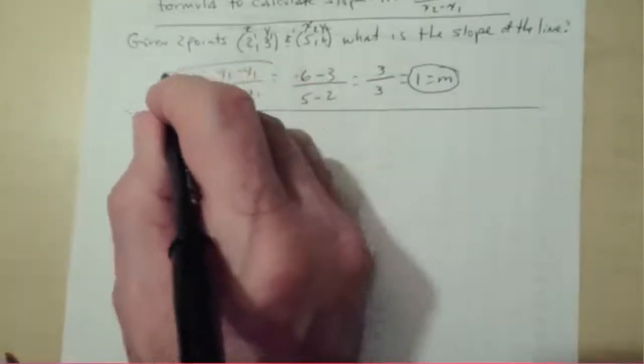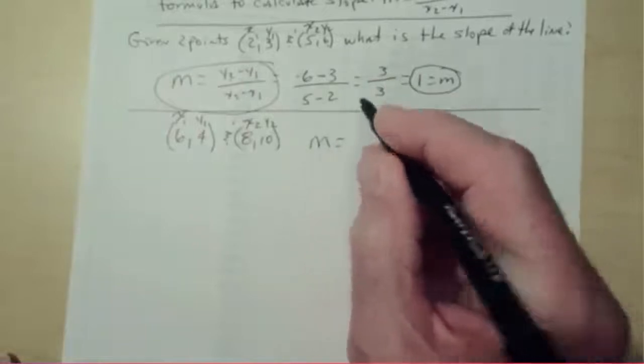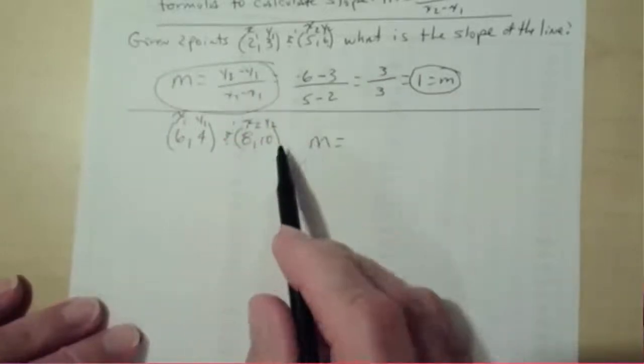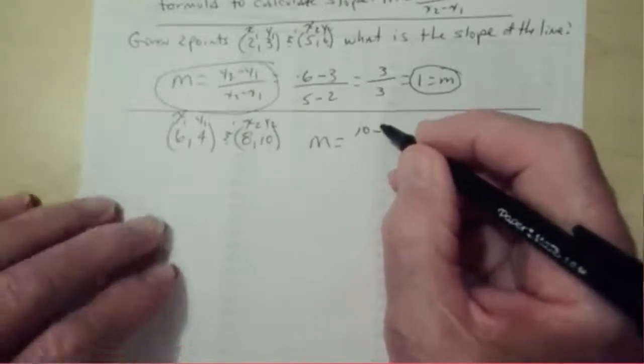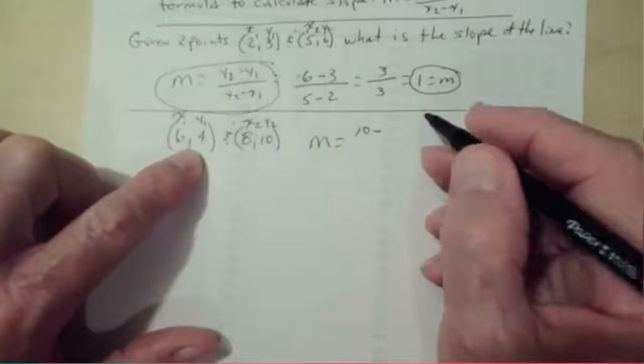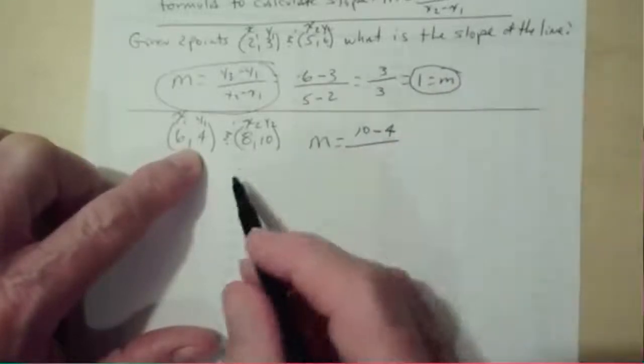Slope equals y2, which is 10, minus y1, which is 4, over x2, which is 8, minus x1, which is 6.